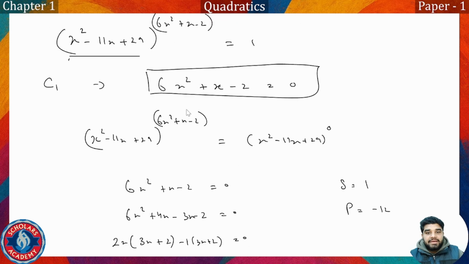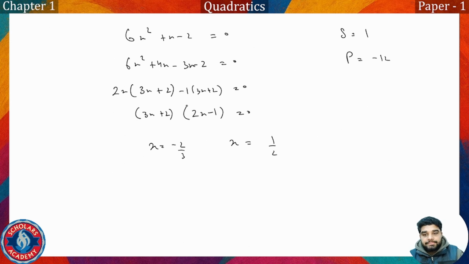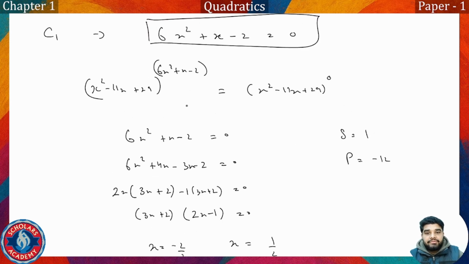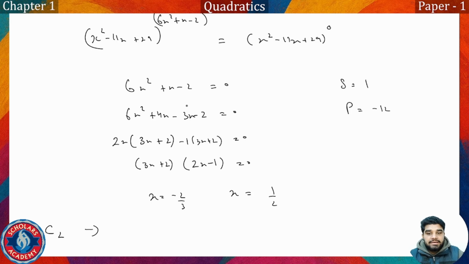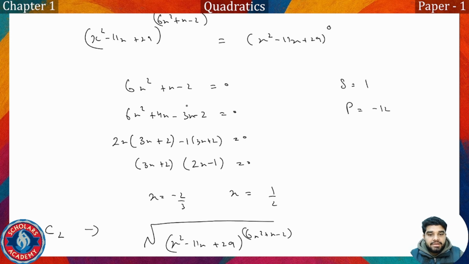Also, now case 2. If we take the root to the power of 6x square plus x minus 2 of x square minus 11x plus 29 to the power 6x square plus x minus 2, this will do what?